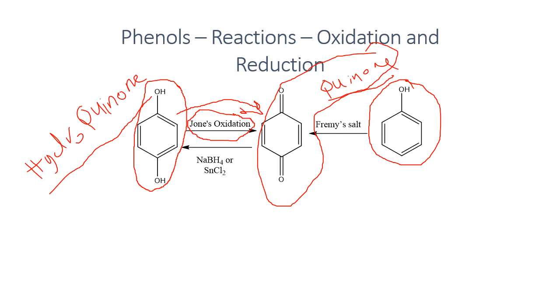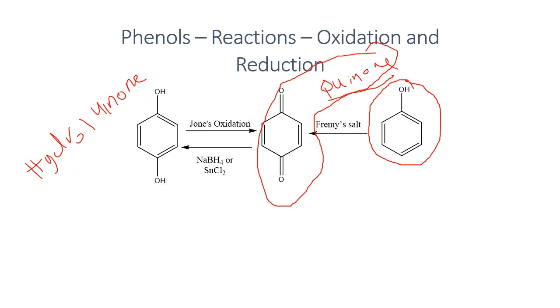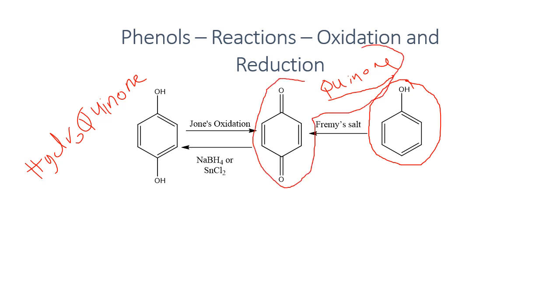طيب إذا أنا بدي أحضر hydroquinone من quinone شو بدي أعمل؟ Again شو بحكي هلا عن hydroquinone to quinone. Okay. So if we want to prepare hydroquinone from quinone شو بدي أعمل؟ This الquinone حكينا هو عبارة عن oxidized form صح؟ So if you want to go to the reduced form, this is a reduction reaction.